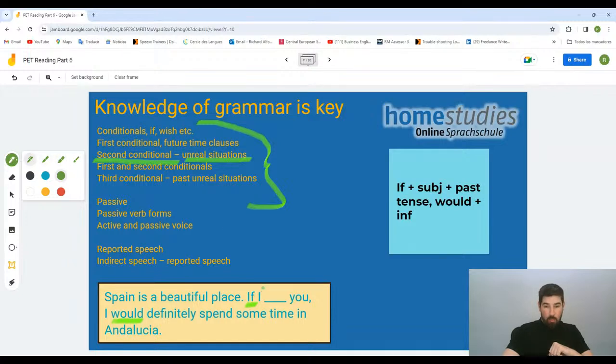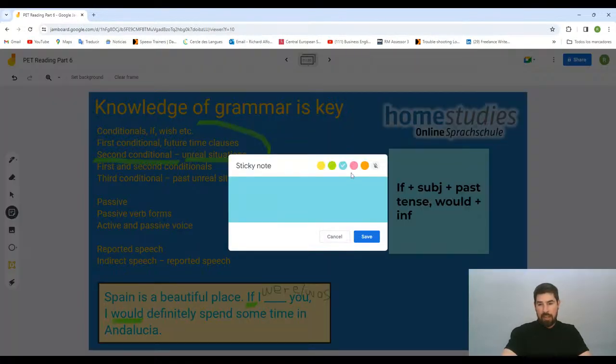Okay, if I were you, or if I was you, we can use was as well. Excuse my handwriting. Good little expression to give advice.